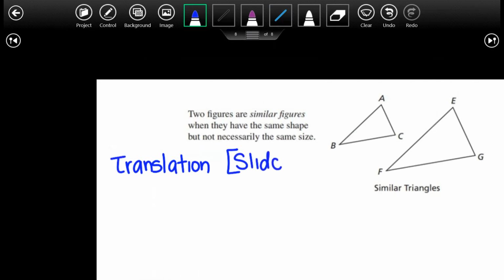So it's sliding over. The notation you guys have seen the most, the mathematical notation for this, was (x, y), and you're going to look at x plus or minus a, y plus or minus b.